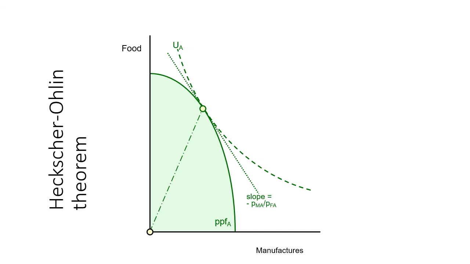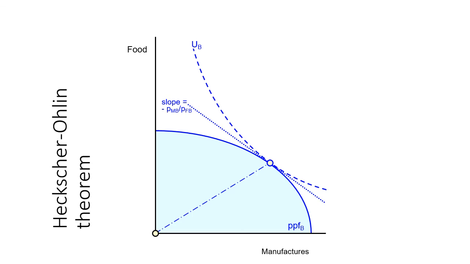And we're going to find that the point of production is going to be at a place where the amount of food produced is a lot higher relative to the amount of manufactures produced, than if we compared the food and manufacturing ratio of country B. Country B has a PPF biased towards the manufacturing side because of the higher capital to labor ratio, or the higher capital stock when compared to country A, which had a higher labor stock.